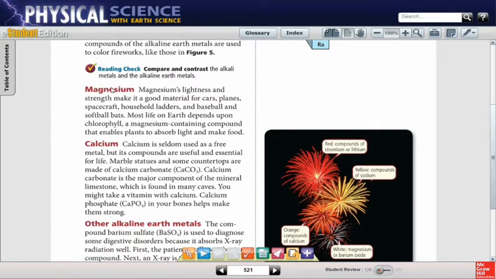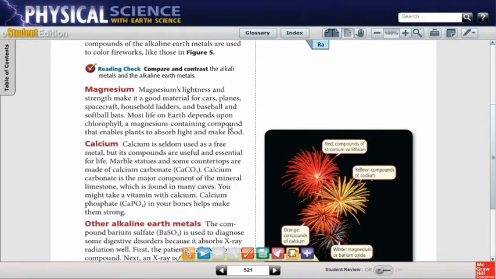Okay, and here's magnesium. Magnesium is the lightest. Magnesium's lightness and strength make it a good material for cars, planes, and spacecraft. Household ladders and baseball and softball bats and a whole bunch of things. Okay, so that's some of the uses right there.